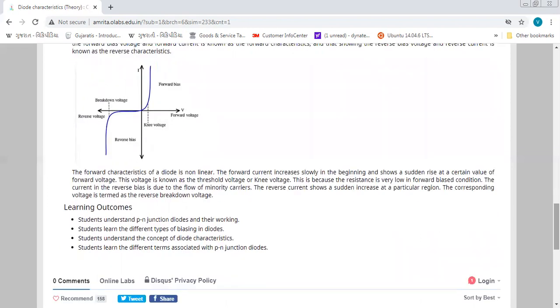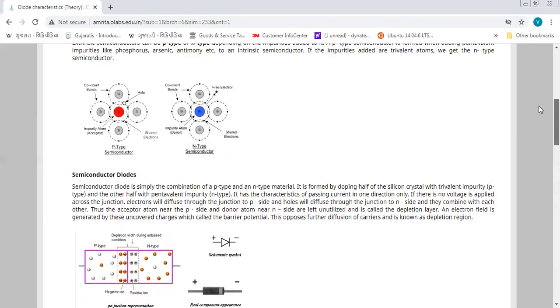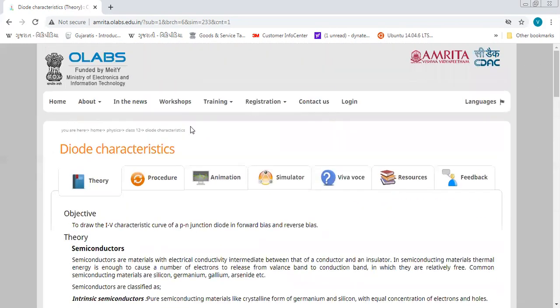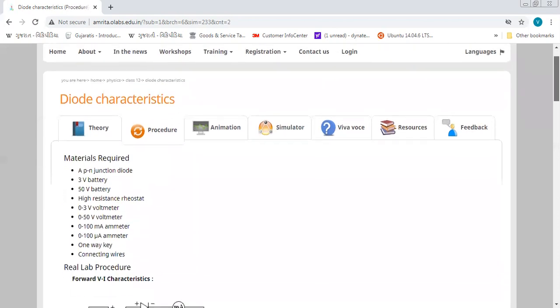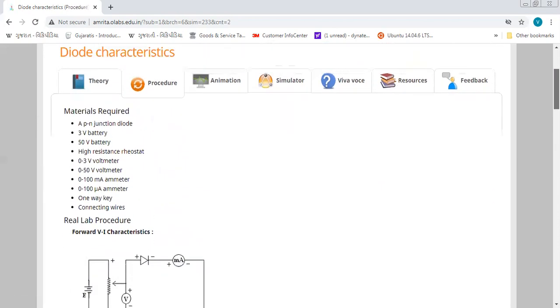So now moving to the procedure. The materials required for this experiment in real life are listed here.